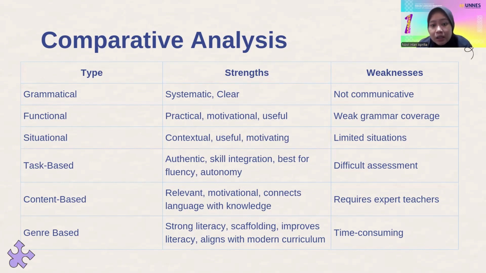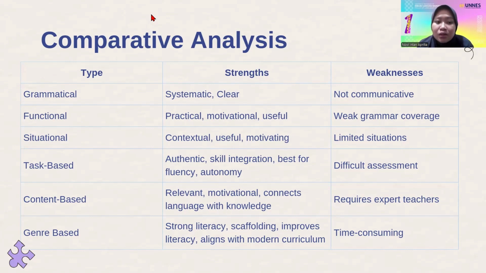The next is the functional syllabus. This syllabus is more practical and motivating. It's based on real life communication like requesting, apologizing, or inviting. But the weakness is that grammar coverage tends to be weak and unsystematic. Okay, the next is the situational syllabus.